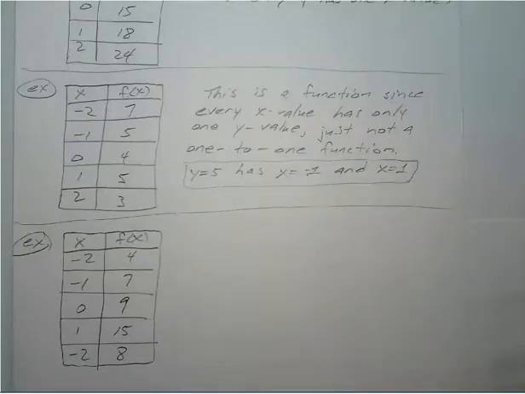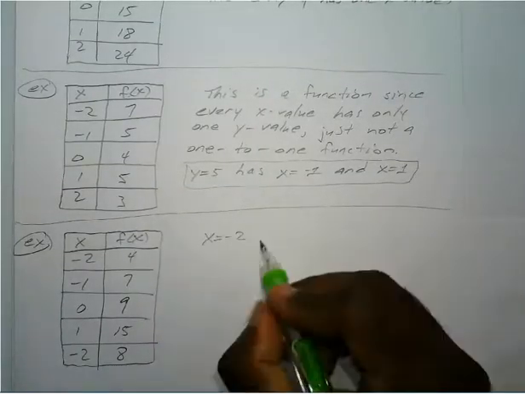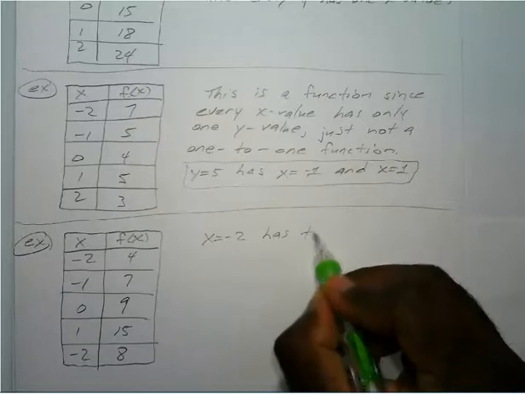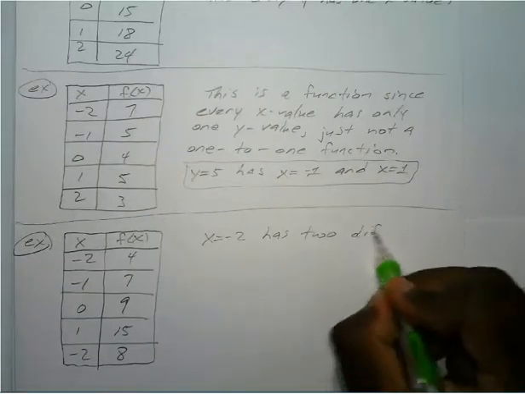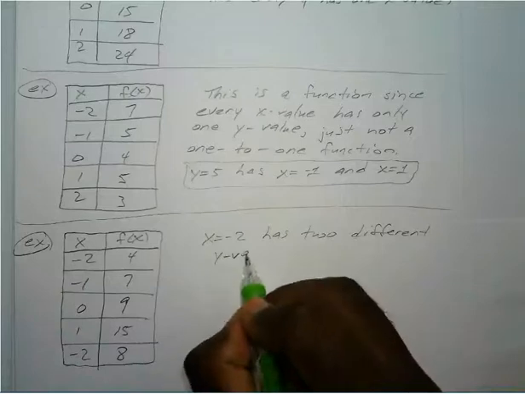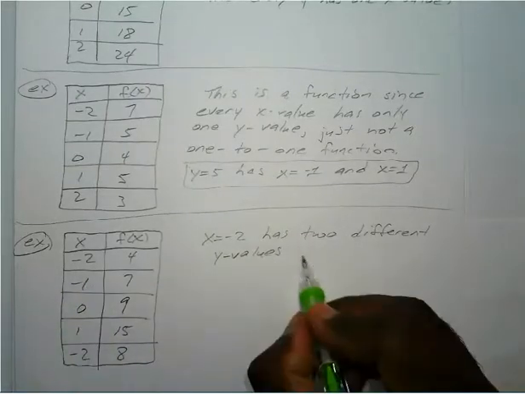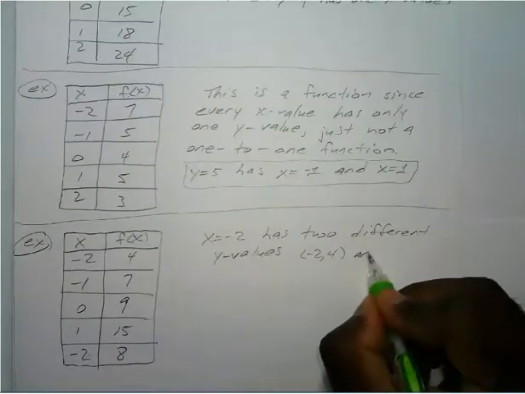All right, now this does not even qualify as a regular function. Why? Because x equals -2 has two different y values. Okay, so you get the ordered pair -2, 4, and you get -2, 8.